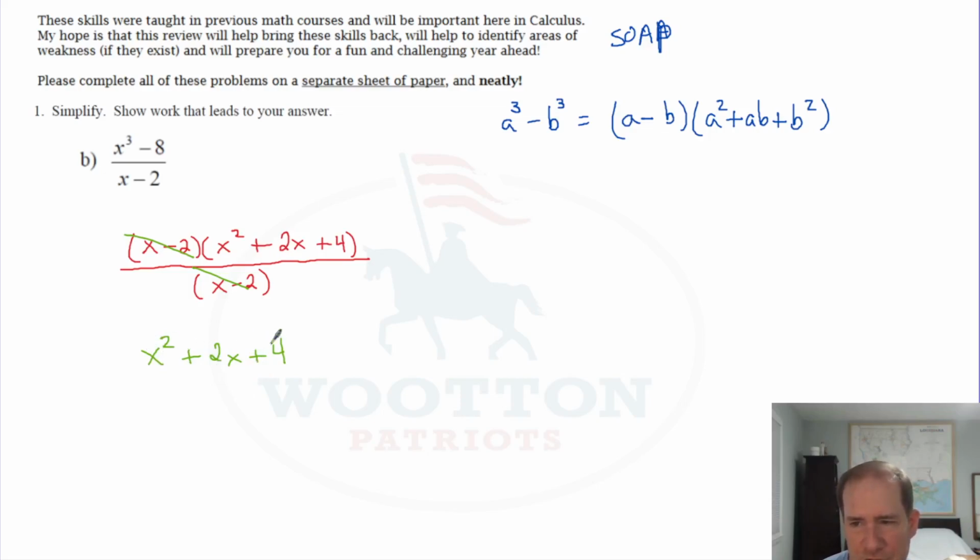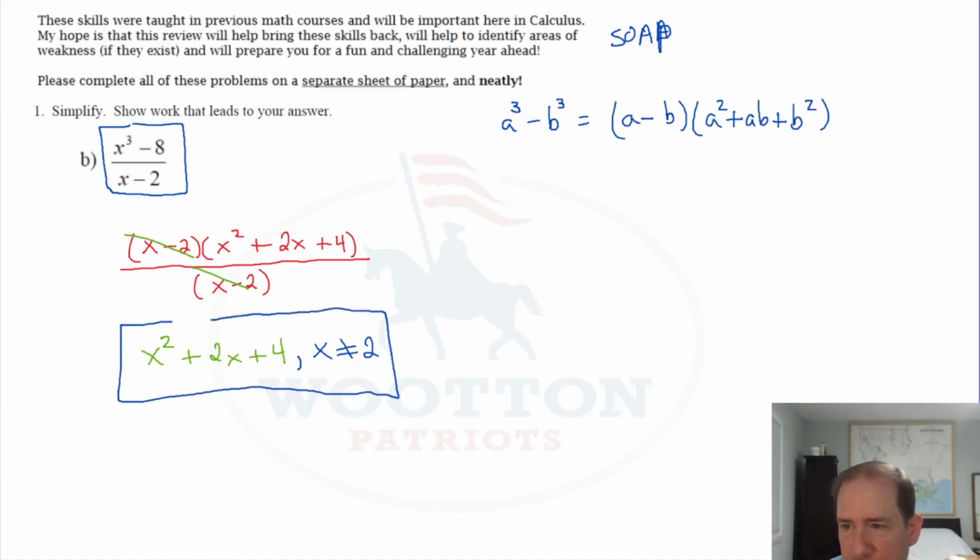You would expect this quadratic to have a domain of all real numbers, but this original expression had a domain restriction. x certainly could not be 2. And the fact that you're canceling that out doesn't mean that suddenly x can be 2, not if we wanted to be equivalent to the original at least. So you have to go ahead and say, hey, by the way, x is not allowed to be 2. Remember to include those domain restrictions.